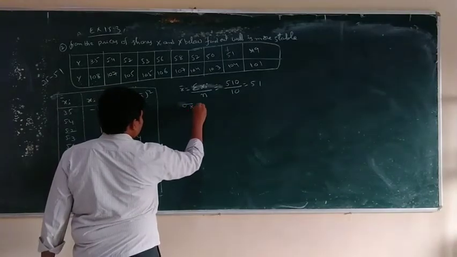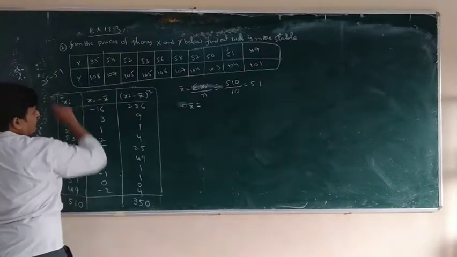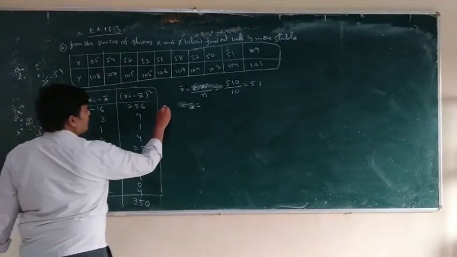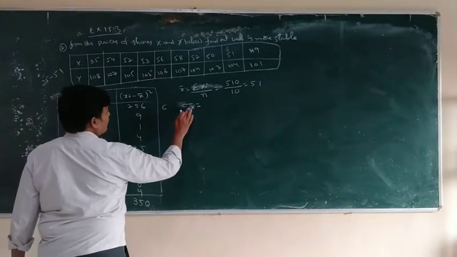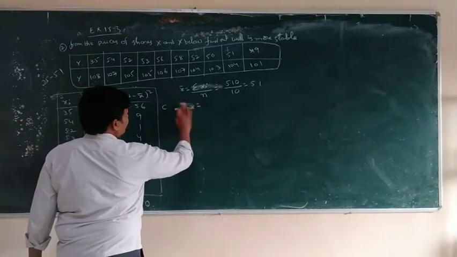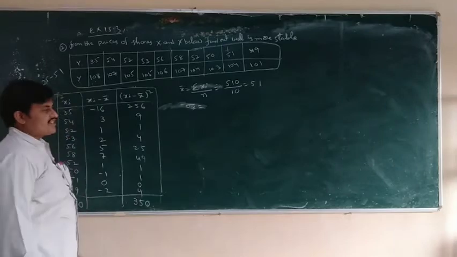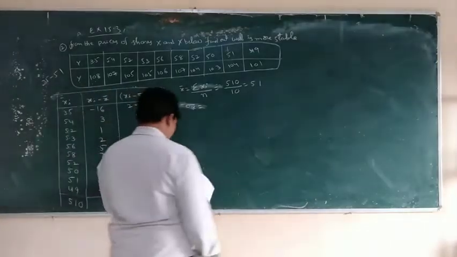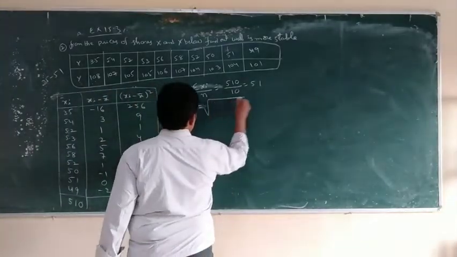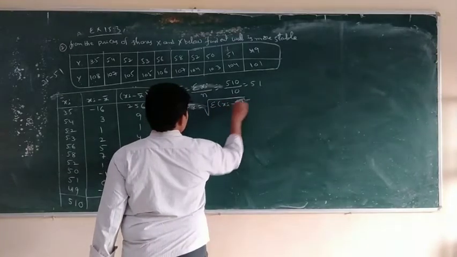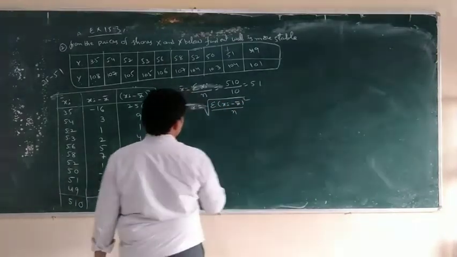Now sigma x, the standard deviation. The standard deviation formula is root of sigma xi minus x bar whole square by small n.